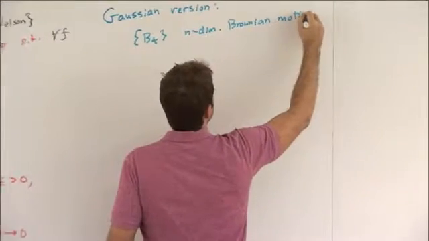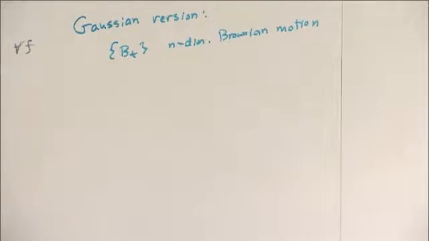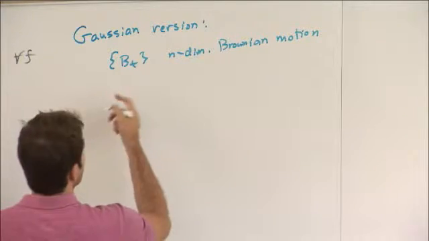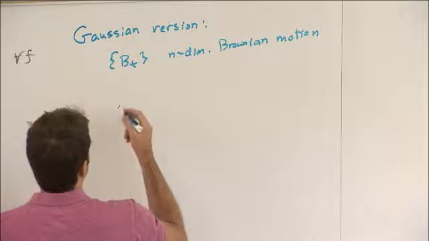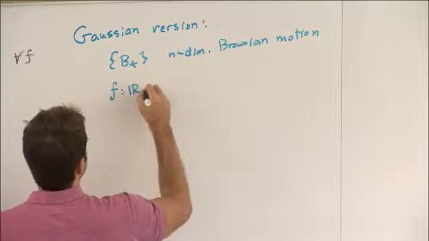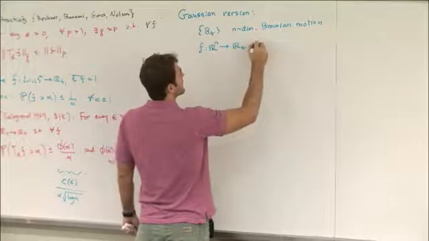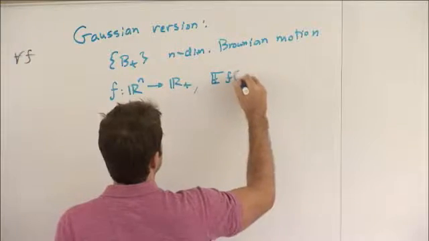One can state the conjecture easily without Brownian motion, but it will be fundamental in what comes next. That's one thing. Okay, and I'll take a function now on R^n, non-negative, and let's assume that the function has expectation 1.